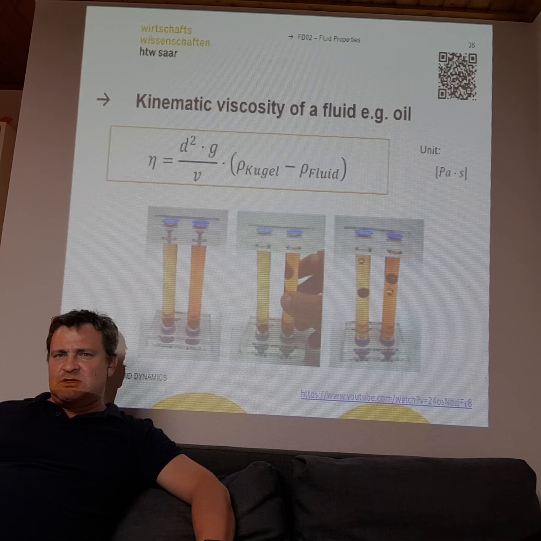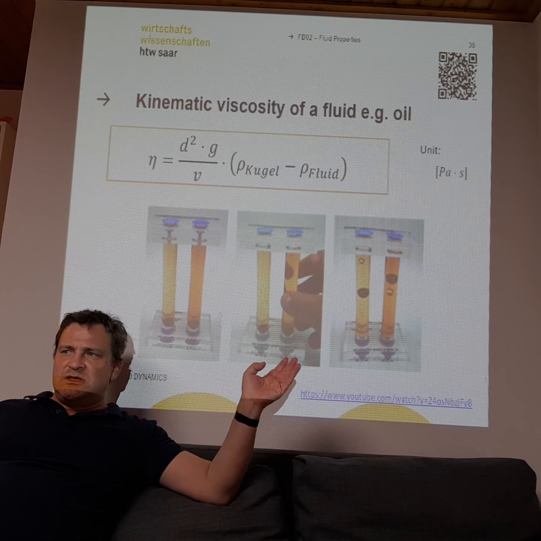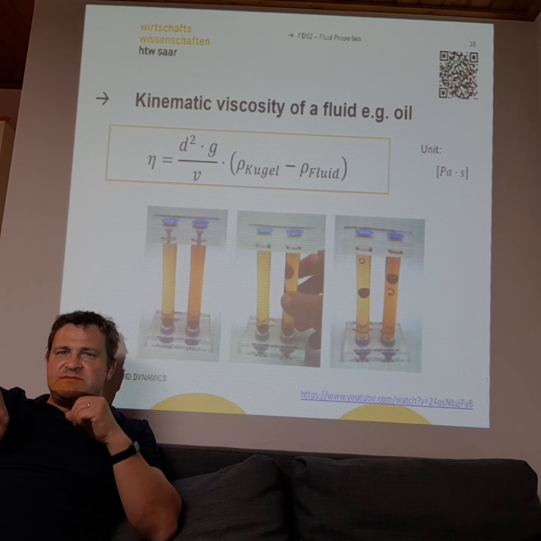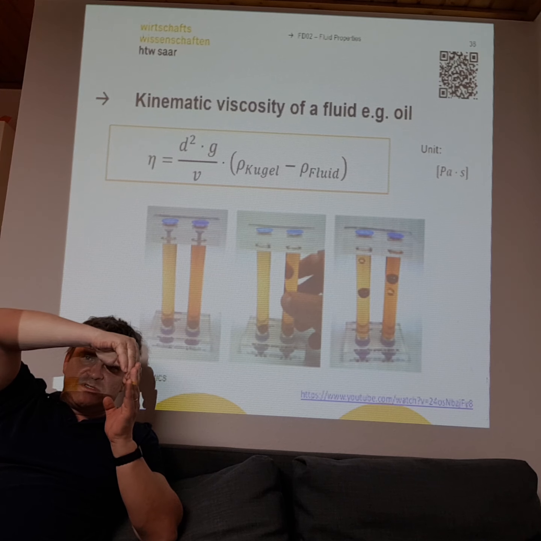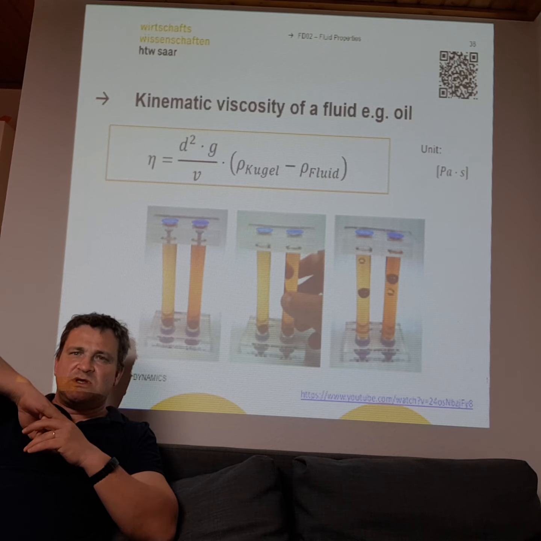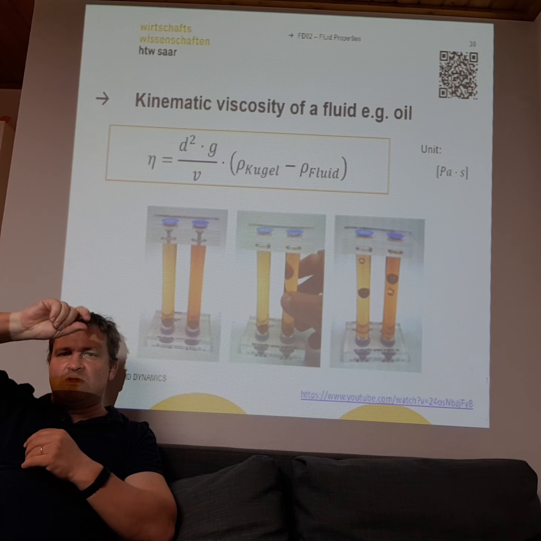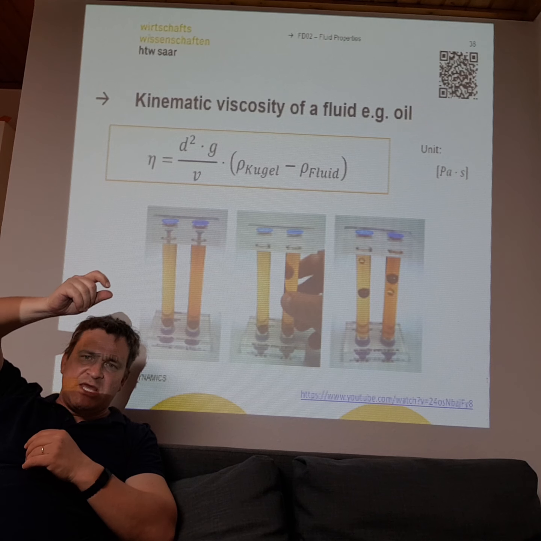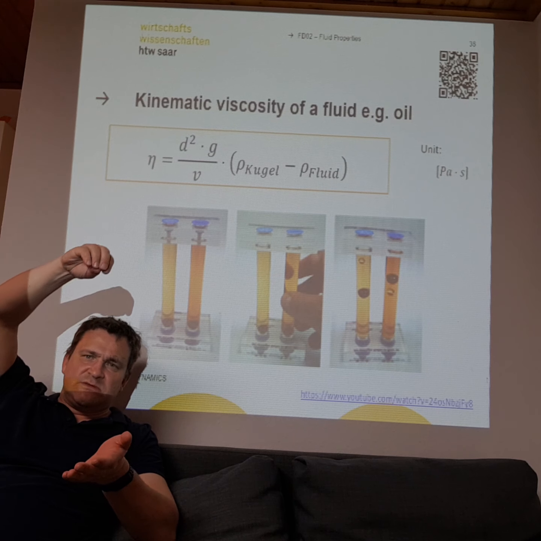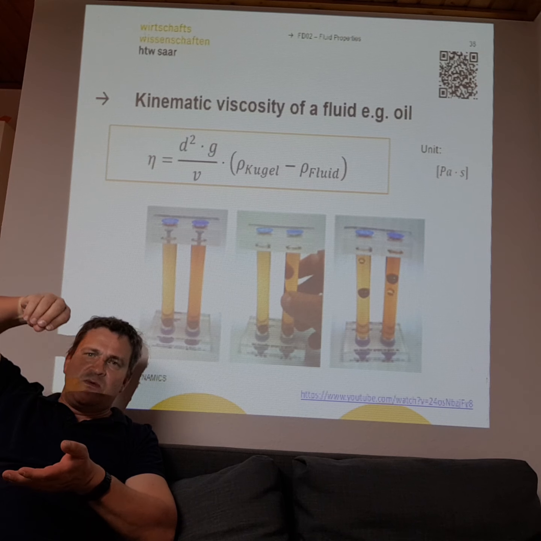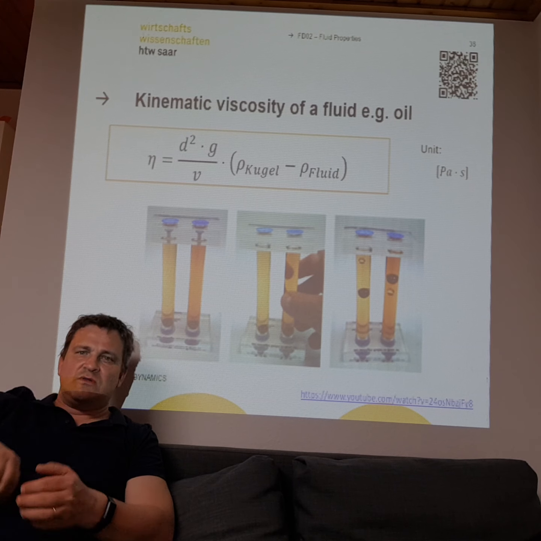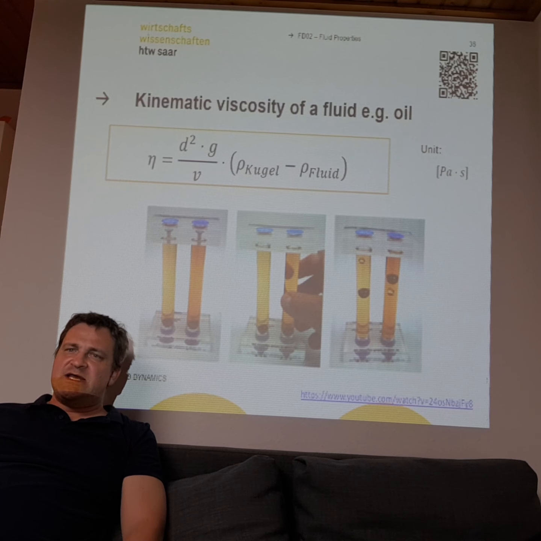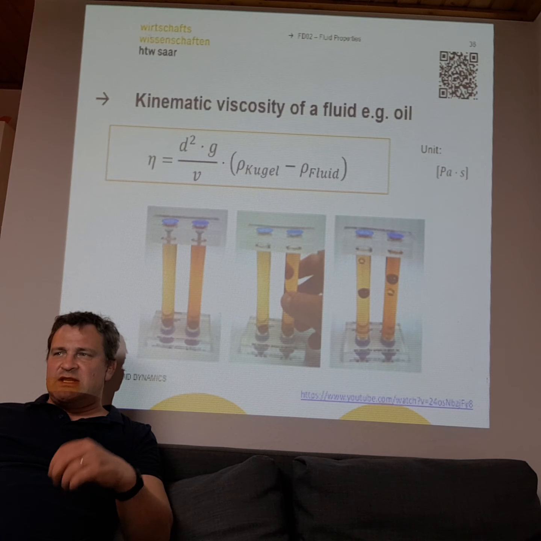I took it from the YouTube video, and it's a video about two vessels, two glass pipes, and you have one pipe with a high viscosity, one with a low viscosity, and you put a small metal ball inside these tubes, and when you have high viscosity, the ball will flow slower. When you have a low viscosity, the ball will be faster. Maybe take a look at the slides, go to the link, and then you can have a look.